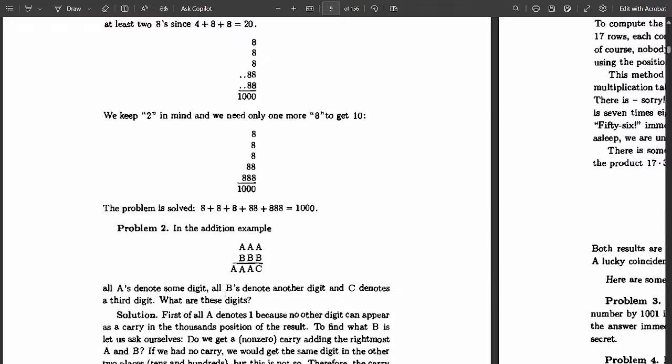I have not taken a look at the solution of this problem. So A plus B is C. If A plus B is of two digits, then the first digit is A minus C, and the second digit is C.